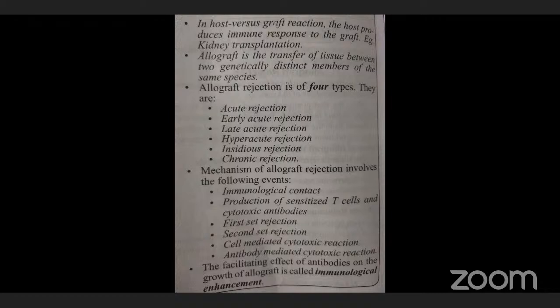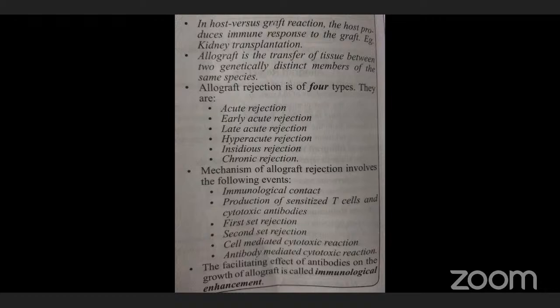So graft rejection occurs in the allograft and xenograft, because of the dissimilar histocompatibility antigens. Clear? The last one is a xenograft or xenogenic graft. The xenograft is a graft transfer of tissues between two individuals of two different species.